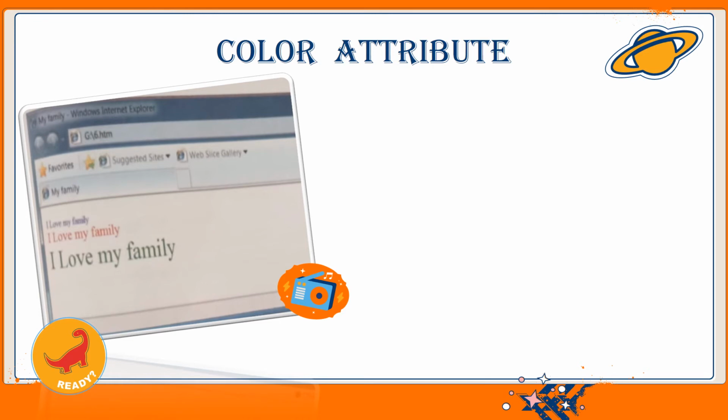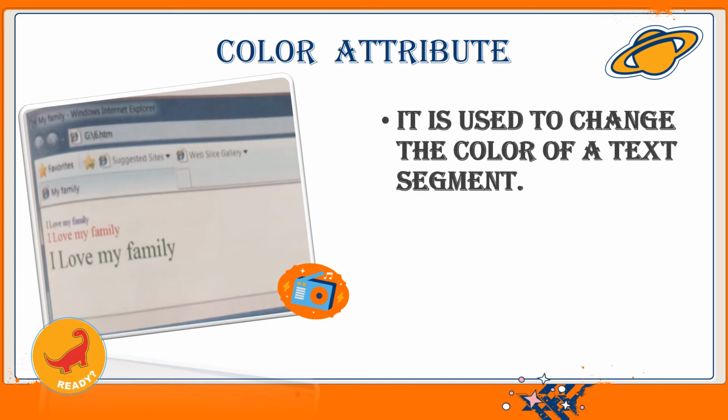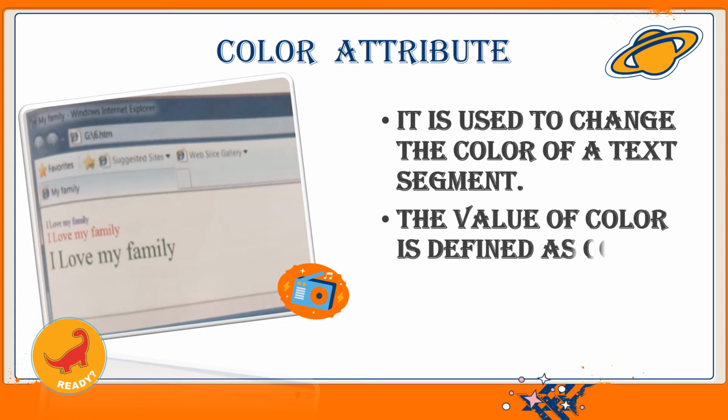The second attribute is color attribute. Using this attribute, you can change the color of your text segment. So as you can see in the image, all the three lines are appearing in the different colors. The value of the color is defined as the color name, as I had took blue, red, and green colors for my text.